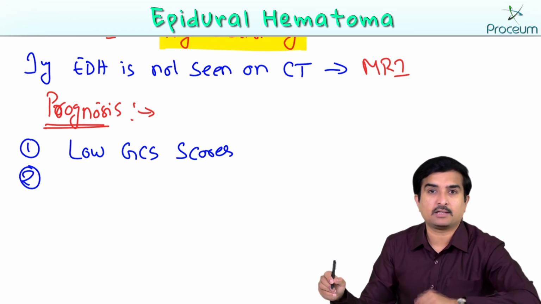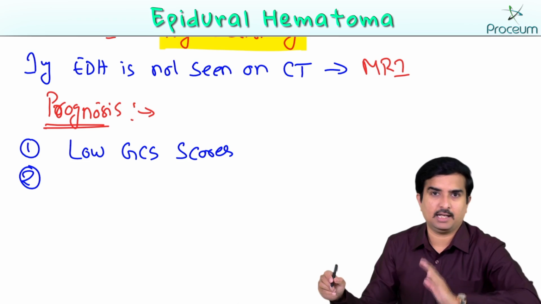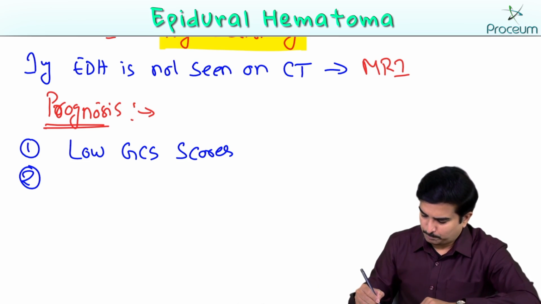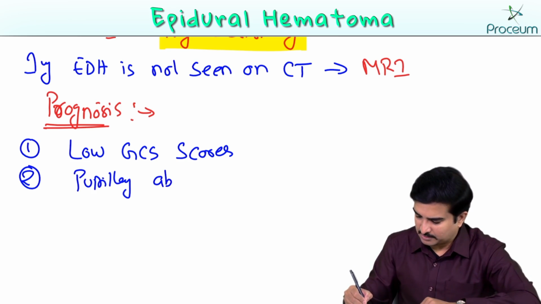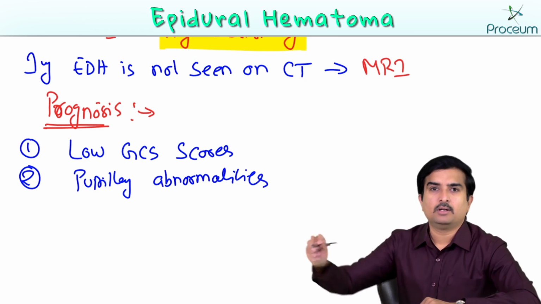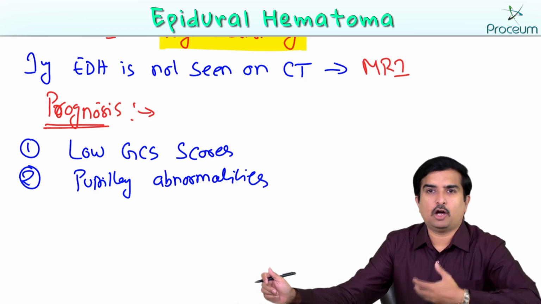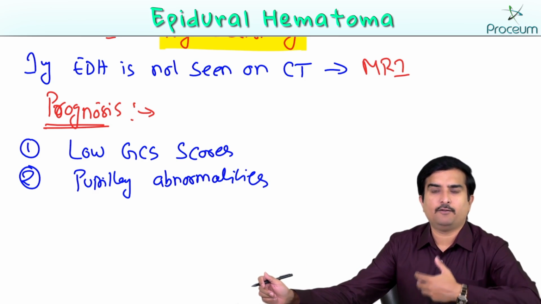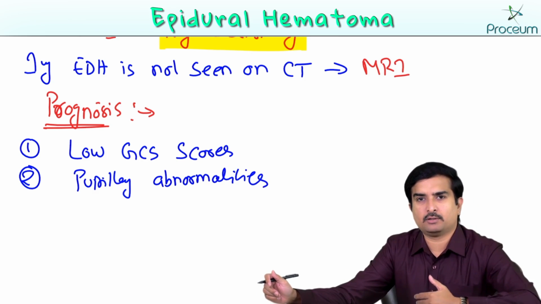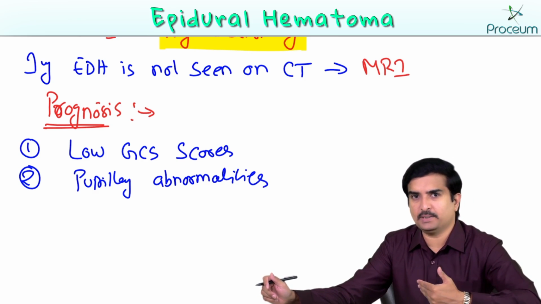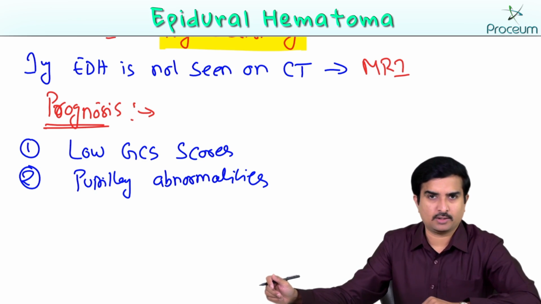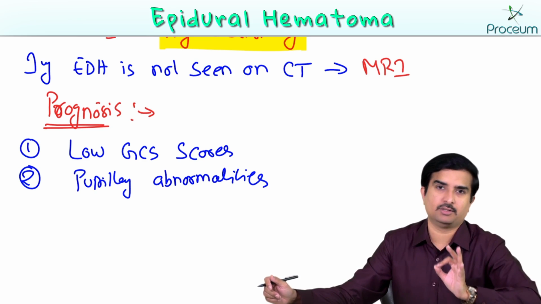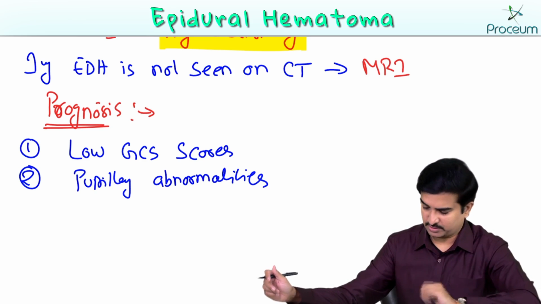It also indicates a poor prognosis. Particularly, we often find contralateral or bilateral unreactive pupils. Whenever we find this, it has an unfavorable outcome, an indicator of bad prognosis.